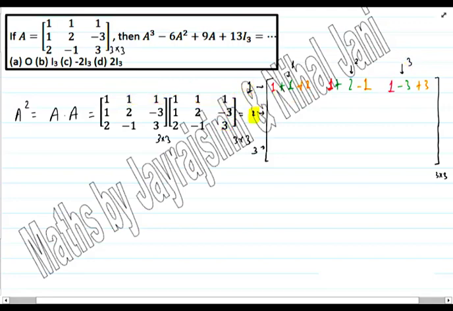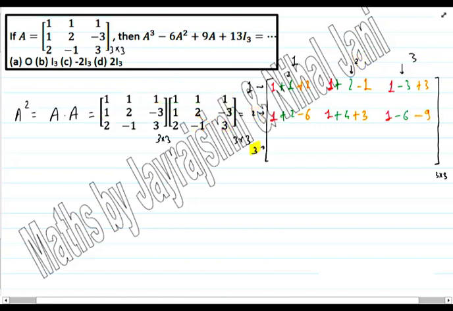The element in second row, first column, so to multiply the corresponding terms, 1 into 1 will give us 1, then 2 into 1 will give us 2, minus 3 into 2 will give us minus 6. Now the next element in second row, second column, so it will be 1 plus 4 plus 3, and the last element of the second row is 1 minus 6 minus 9.